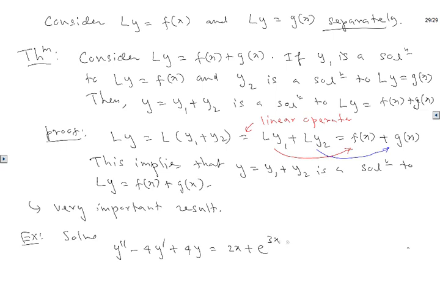What we normally do in this case is consider them separately. We don't want to do x separately and e to the 3x separately. So we don't want to do that.